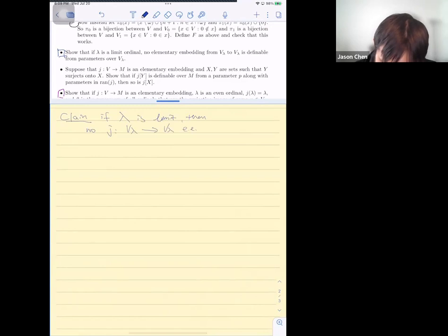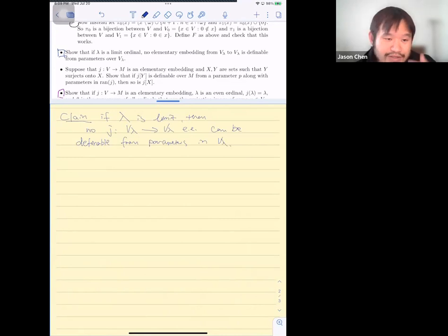So the claim is, if lambda is a limit ordinal, then no elementary embedding from V lambda to V lambda can be definable from parameters in V lambda.